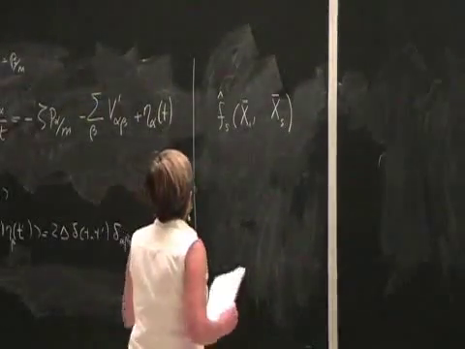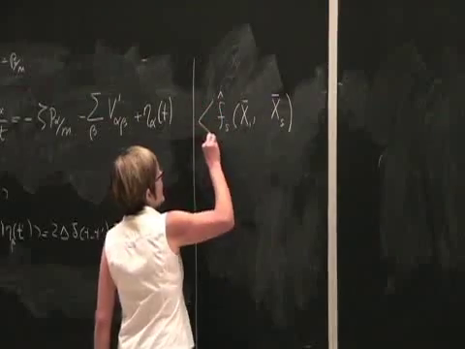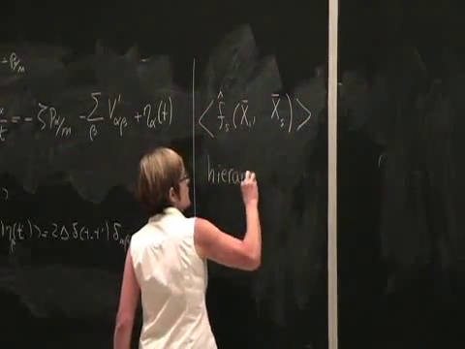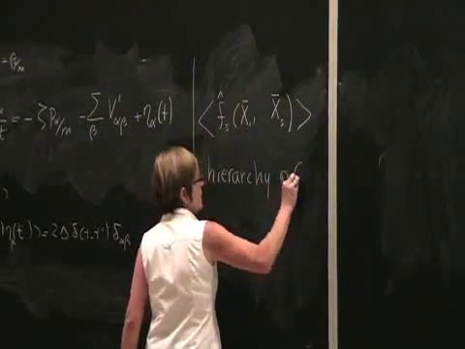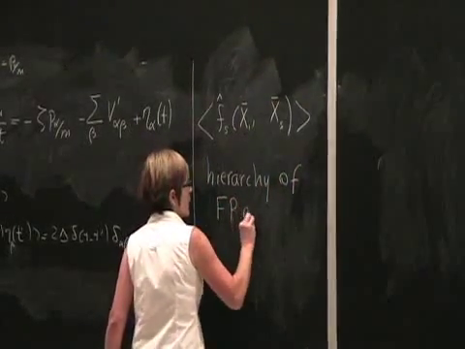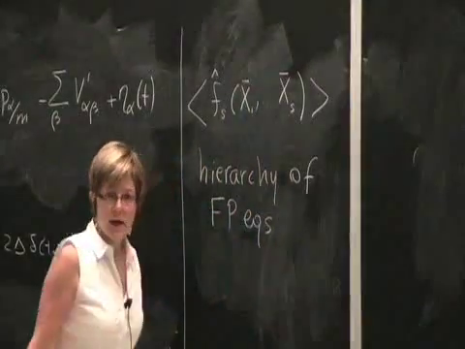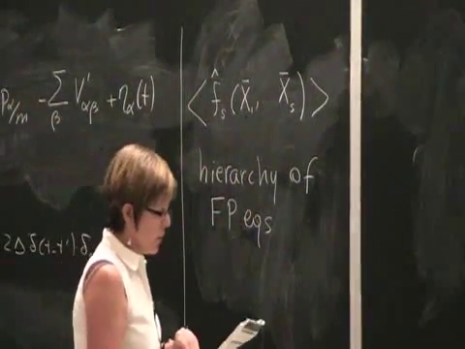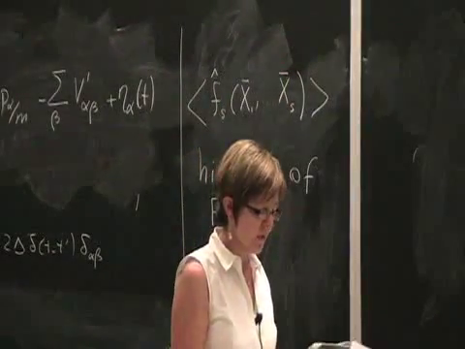So in this case, what we actually do is we derive a hierarchy of Fokker-Planck equations for the noise-averaged reduced distribution functions. And I'd like to write down just the first one.